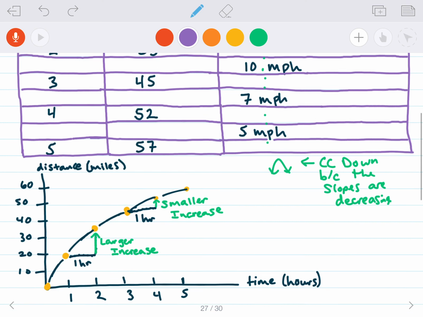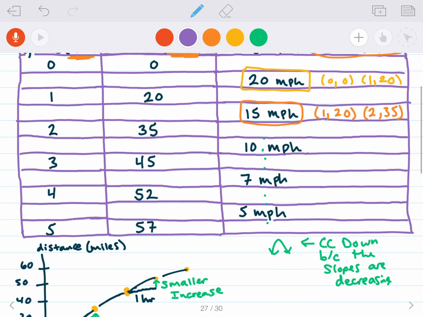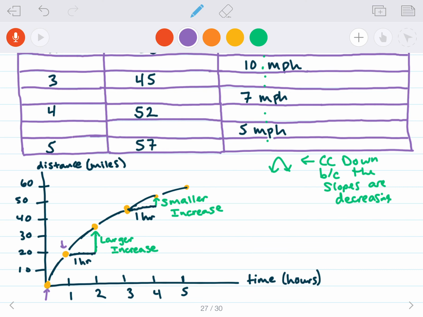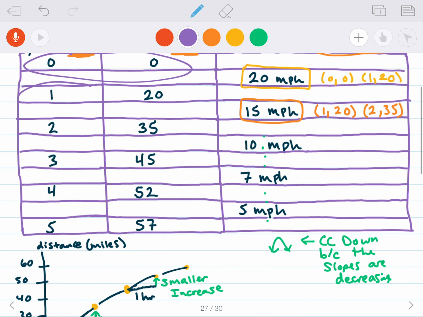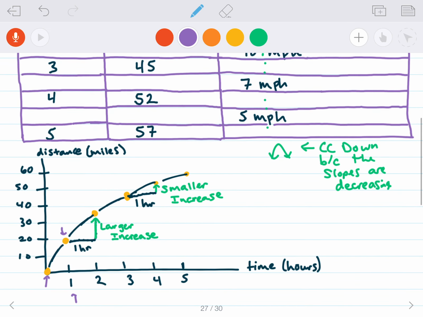So, let's investigate what's happening here. Here's our first point, 0, 0, which we can see here. And our second point is 1, 20, which we can see here. So what do these two points represent? Well, our x-axis is in hours and our y-axis is in miles.